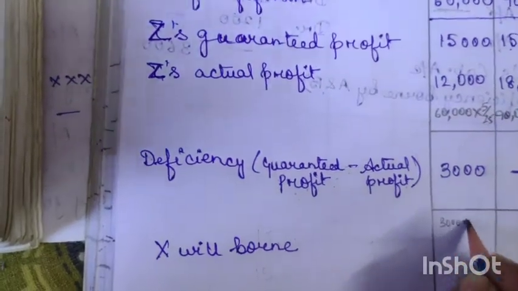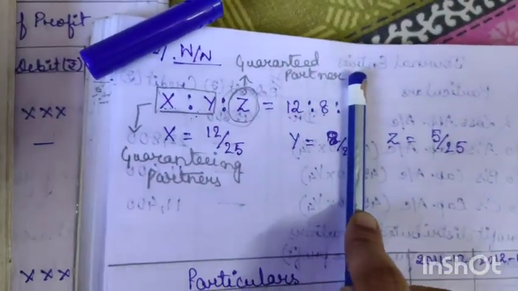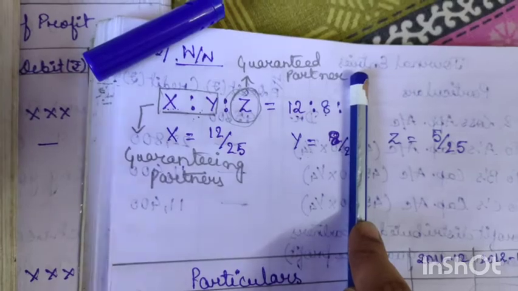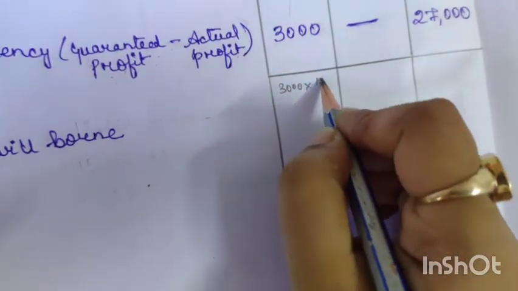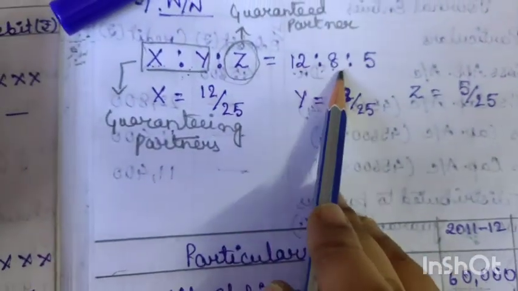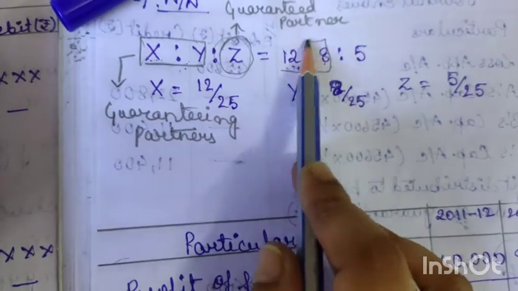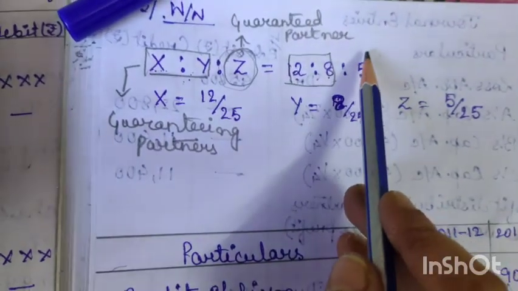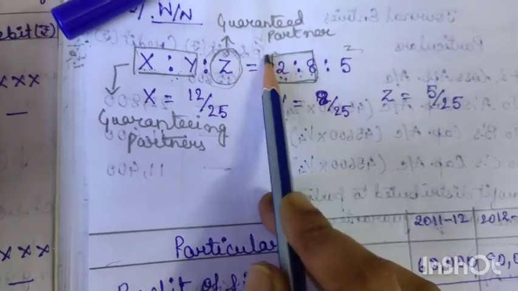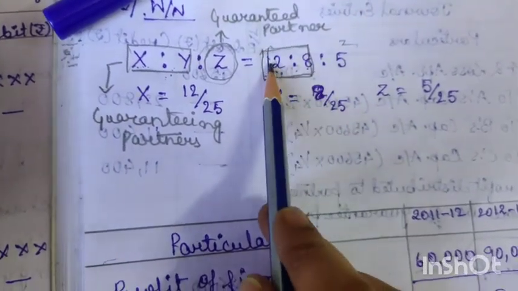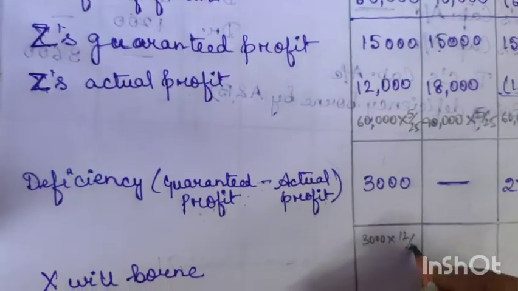3000 into, as I was telling you, if there was no Z, then what is the ratio? 12:8. So we will write 12 by 12 plus 8, taking only up to this, because this is Z and both of them are going to bear it, so we will take 12:8. Now 12 plus 8 is 20, so it will be 12 by 20.